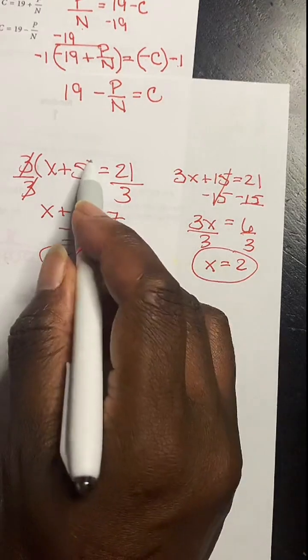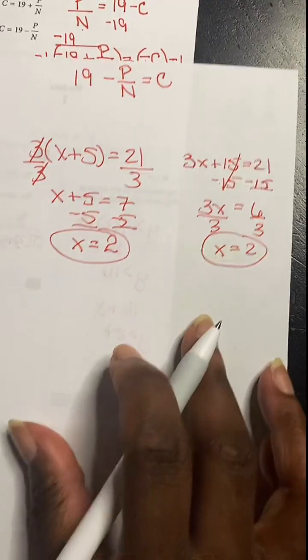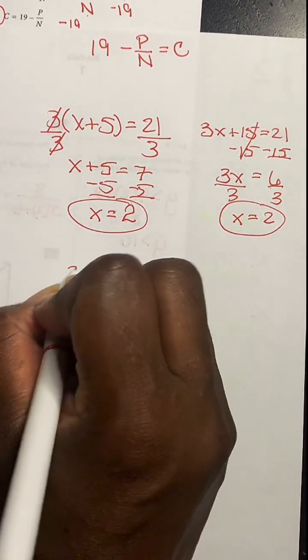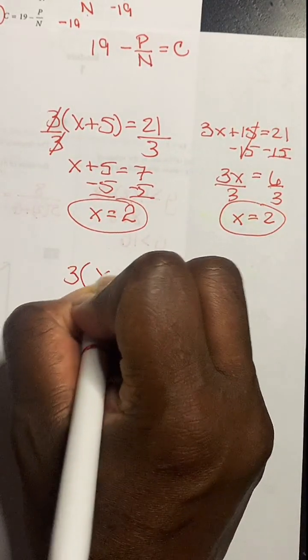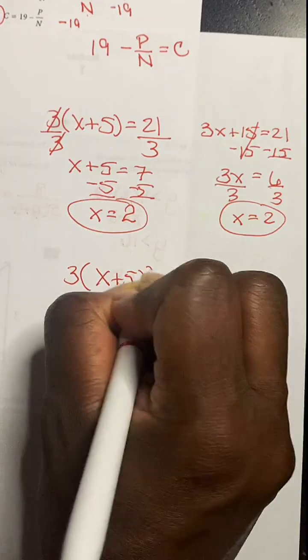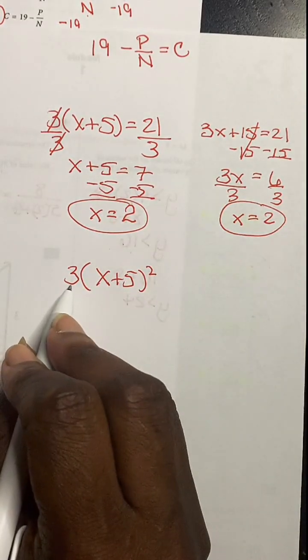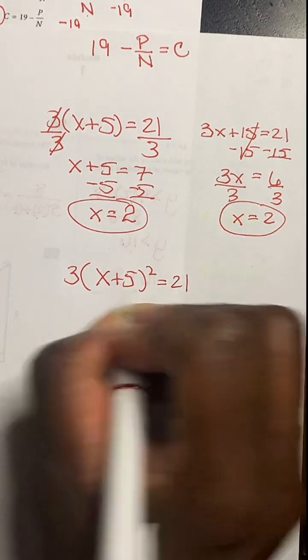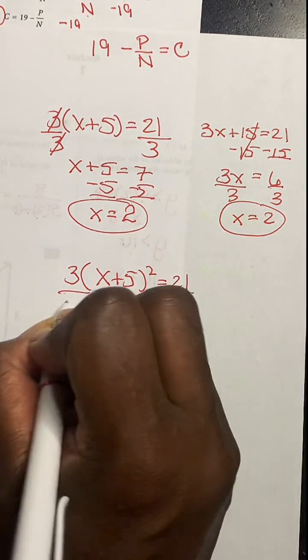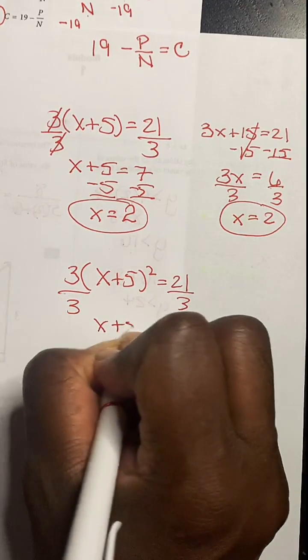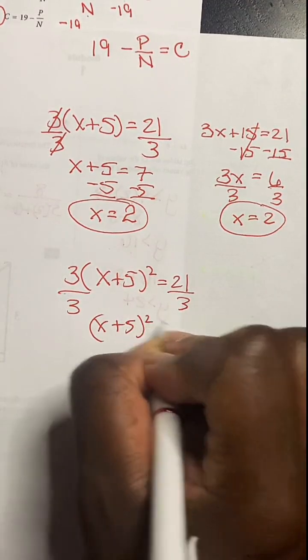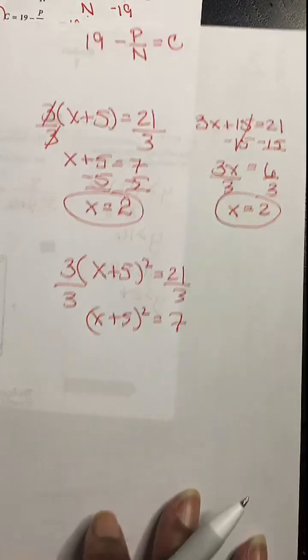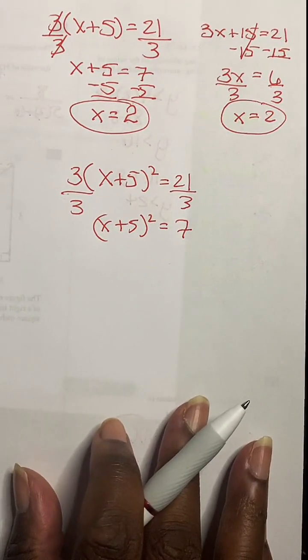If there was a square on here, same thing. You're still multiplying the 3 to it. It has nothing to do with the 3. This is not being squared, just this expression is. Okay?